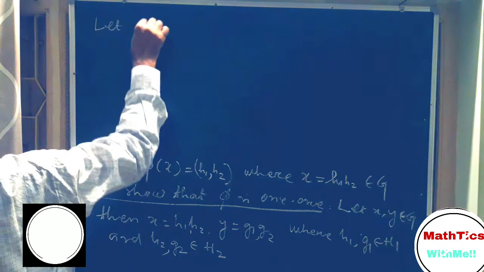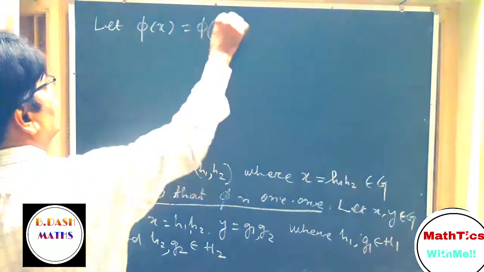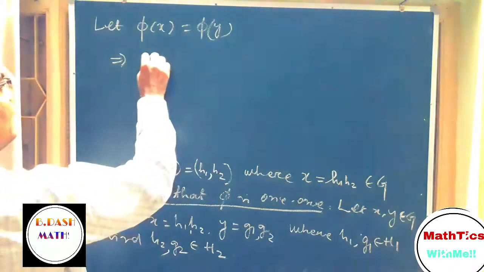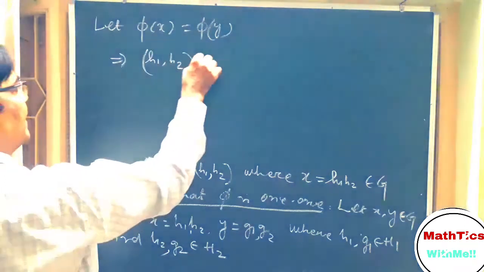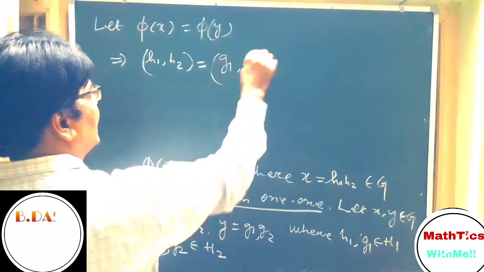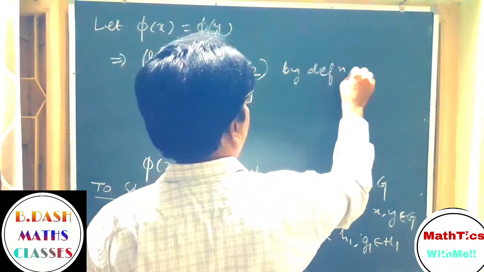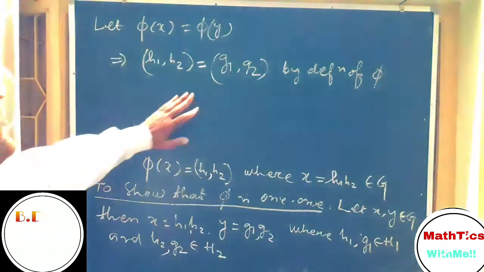Let phi of x is equal to phi of y. This implies the ordered pair (h1, h2) is equal to the ordered pair (g1, g2) by the definition of phi, because the function phi is defined in this way.